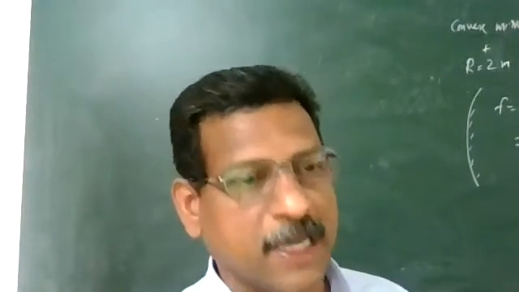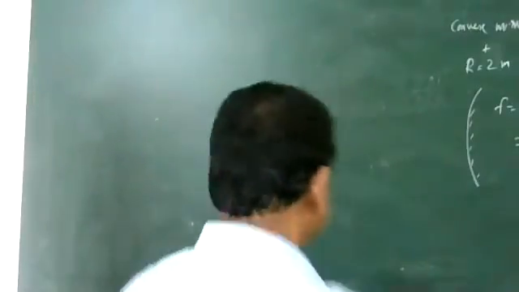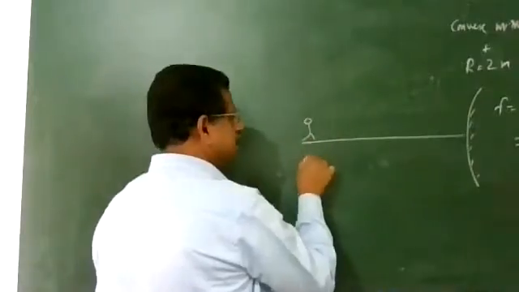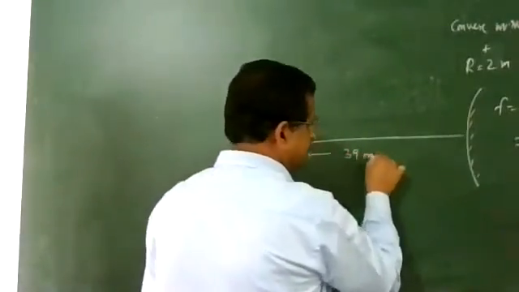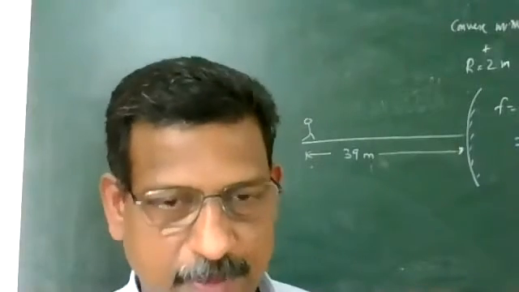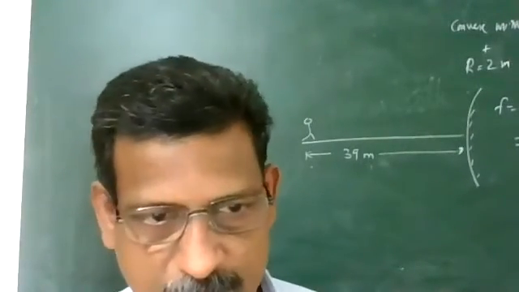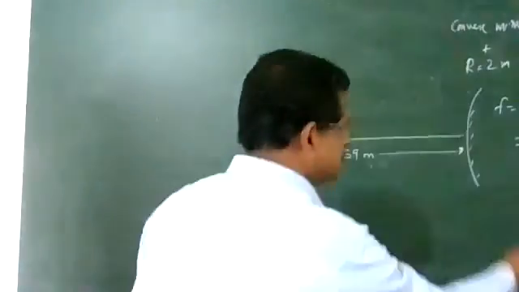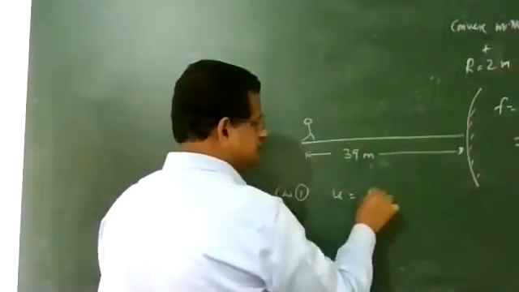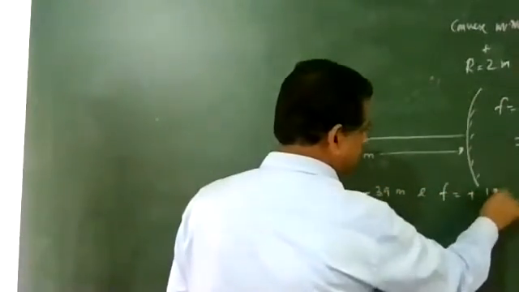And the observer is now 39 meter away from the pole. He is standing here at 39 meter. You can see the image of this object in the mirror and you have to locate the image. So the object distance u is minus 39 meter and the focal length is plus 1 meter.